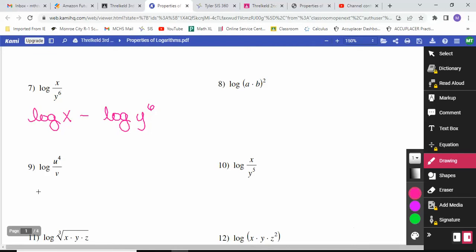Then, what do we do with that exponent? It doesn't go in front of everything because not everything was to the 6th power. So it's log x minus 6 log y.